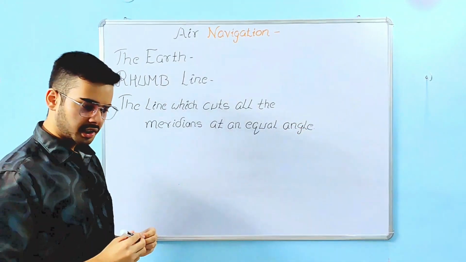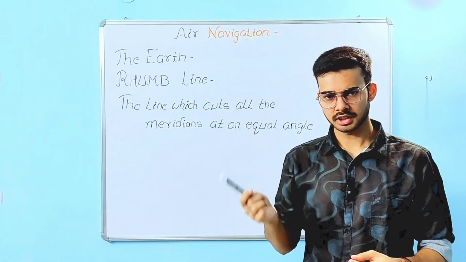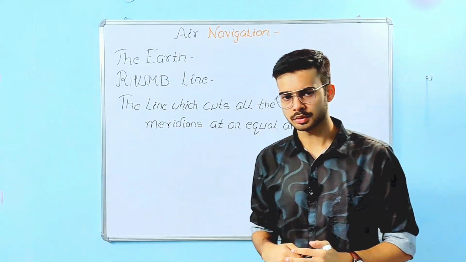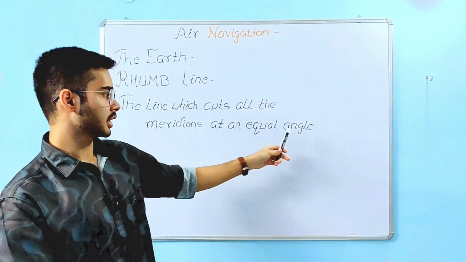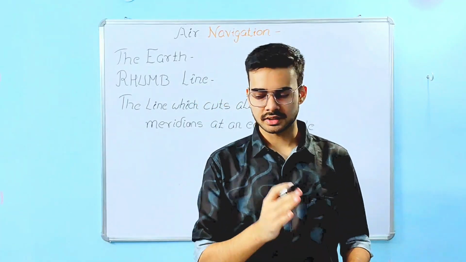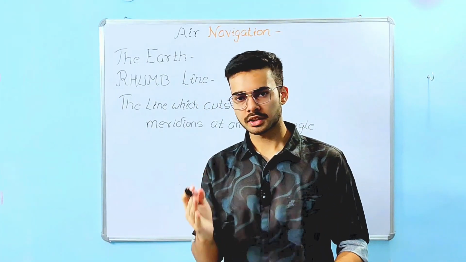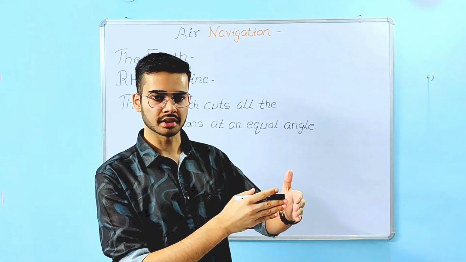Now, why do we care if the line is cutting the meridians at equal or unequal angle? So the reason is, whenever we cut some meridian at any angle, it becomes our true heading. Let's say we are cutting a meridian at 090 angle.